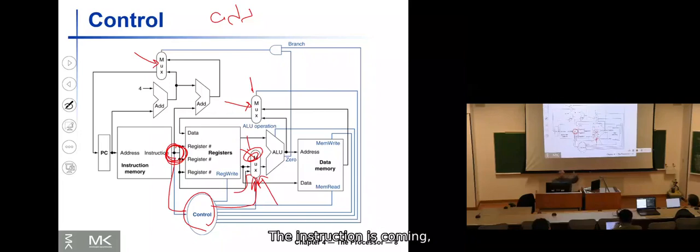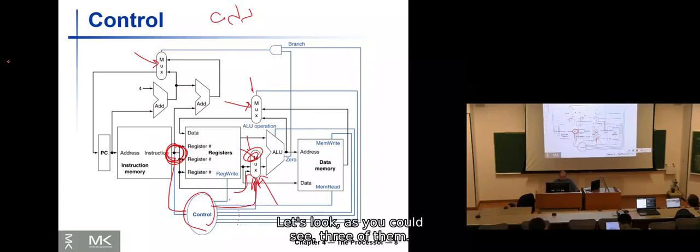So the instruction is coming, a 32-bit value, and you generate how many? Here we have 1, 2, 3, 4, 5, 6, 7. We generate 7 controlling signals which go to different places. 3 of them go to multiplexers.